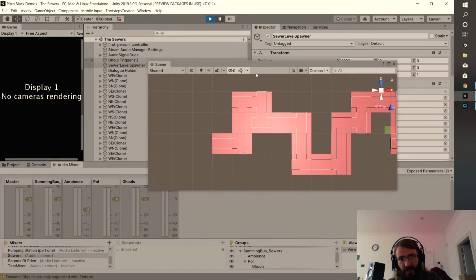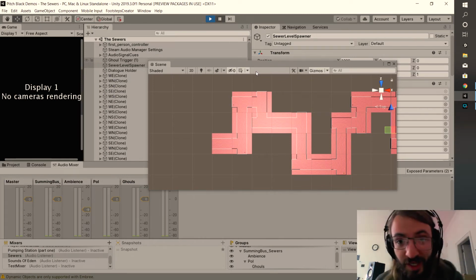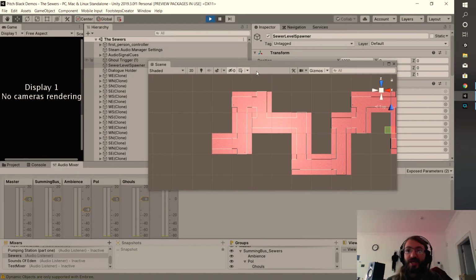Another thing about having the counter is, as you want there to be a sense of progression throughout the sewer level, you want the things within it to change. So for example, we have various types of ghouls in the sewer at different stages of development, and the idea is that it becomes gradually more spooky, and so the ghouls gradually get into further and further states of decay.